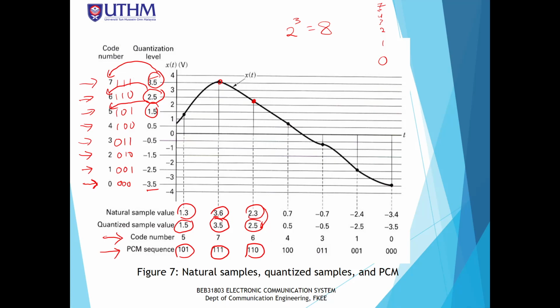And so on. So in encoding, we assign a code word to each of the quantized levels. That is the encoding process.